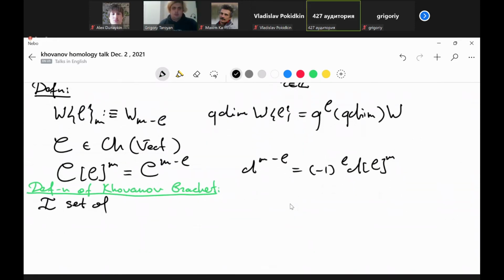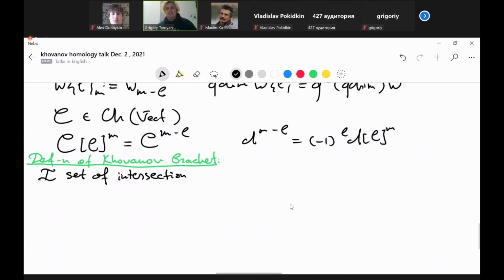Is it indeed a bracket or just homology? Yes, I mean, okay, what is your definition of a bracket? Let it be a bracket. It's the name that was given to it by Bar-Natan, and it is even in Wikipedia. So I think now it's somewhat standard to call it a Khovanov bracket.